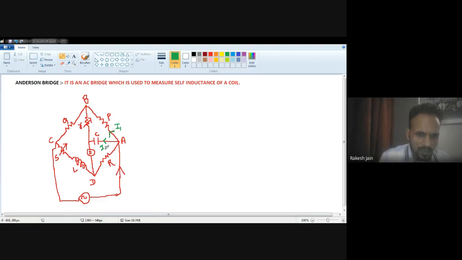Now this I2 current will go here, but there will be no current flow in that direction. That's why the total current will flow upward. So the total current I2 will flow as it is there.